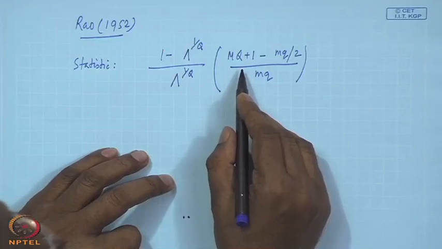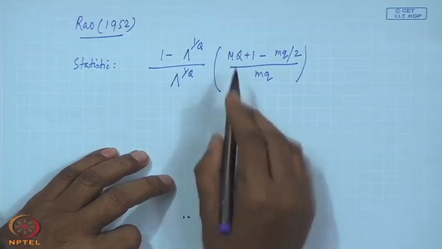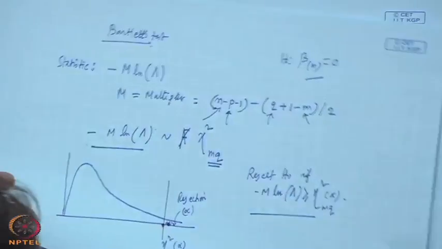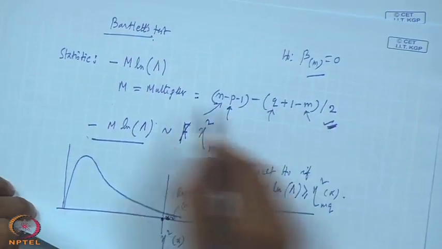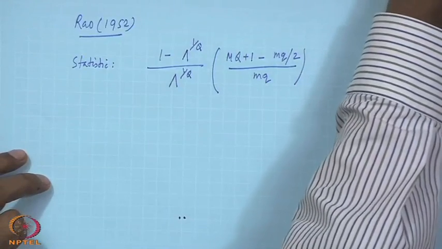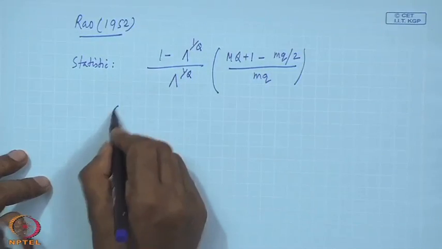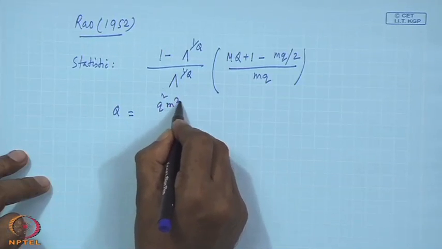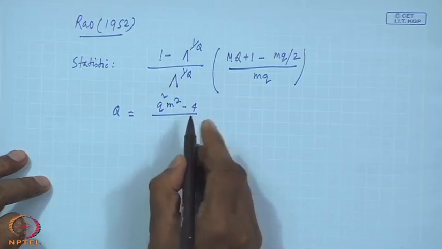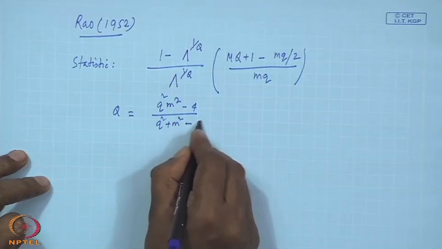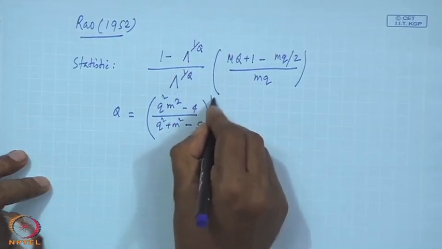Where m you have already computed, m is the multiplier. So that m multiplier. What is q? Q is a quantity which is q square, small q square plus m square minus 4, divided by small q square plus m square minus 5, whole to the power half.